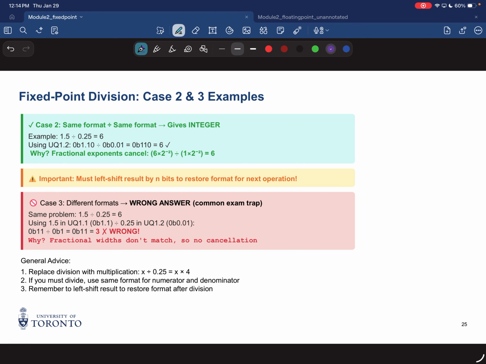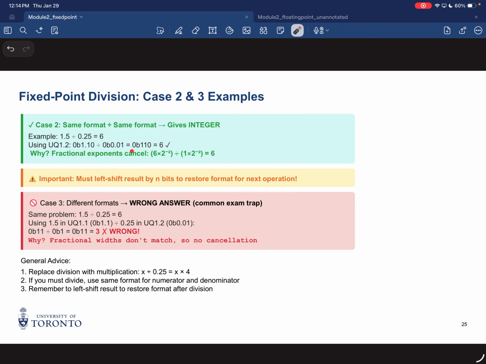For example, when we do same format to same format, you can see like 1.5 and 0.25. If we consider both of them to be in UQ 1.2, then it's as if you are dividing 0b1.10, that's 1.5, by 0.25.